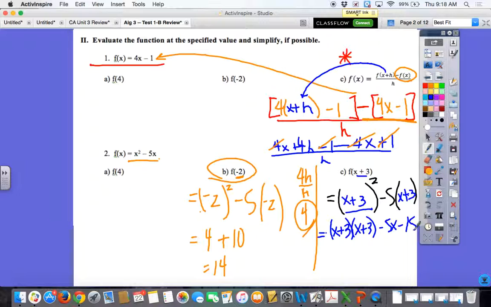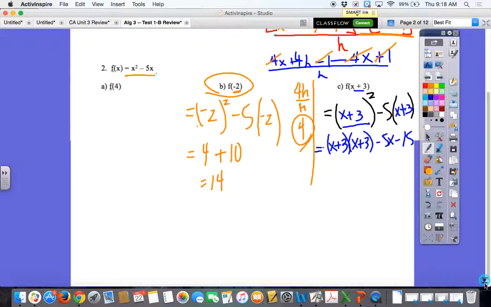When you write it twice, you're going to have x times x is x squared, and that's going to be 3x. There's another 3x. 3 times 3 is 9. And then we have our 2 terms from up here. I just ran out of room. So once you get your like terms together, we have a 3, a 3, and a negative 5. They are all x's.